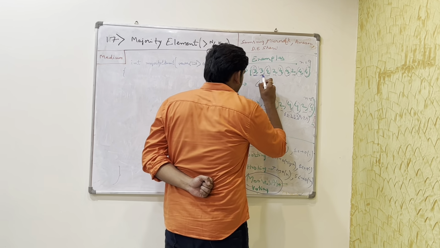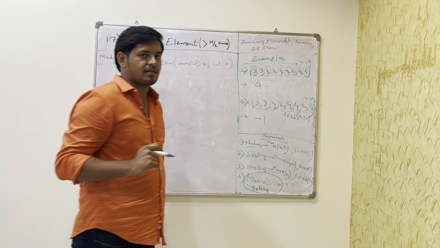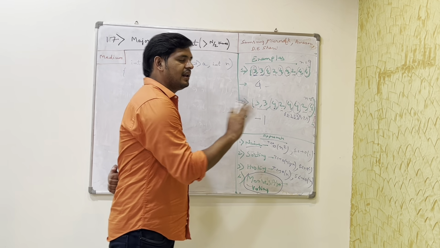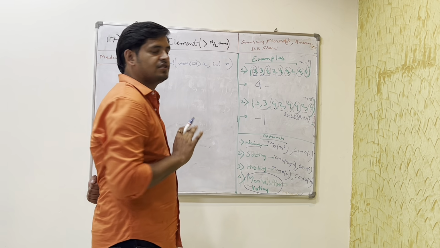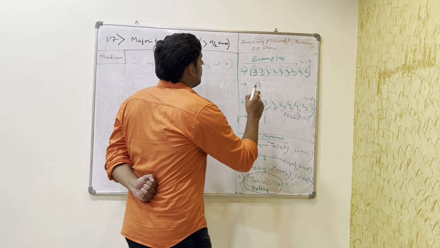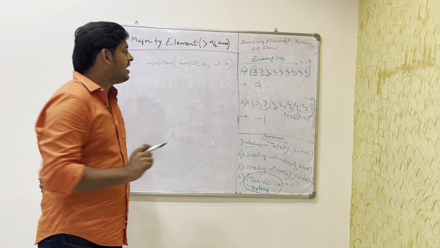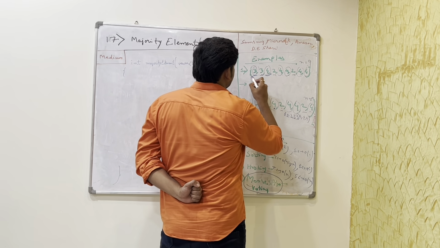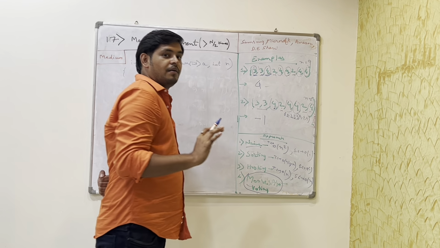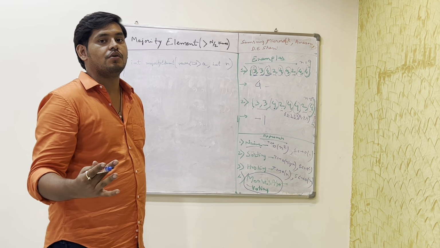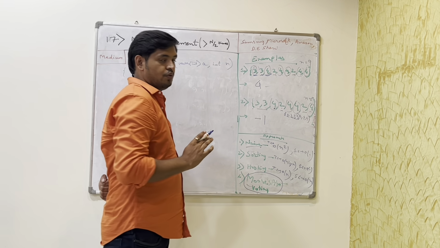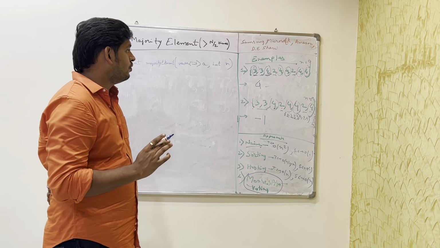I go to the next element. Now 3 has come twice. Here also the majority element is 3 and the count of 3 is 2. Now I have got another element 4. Here also the majority element is 3 only, and the count is 2.